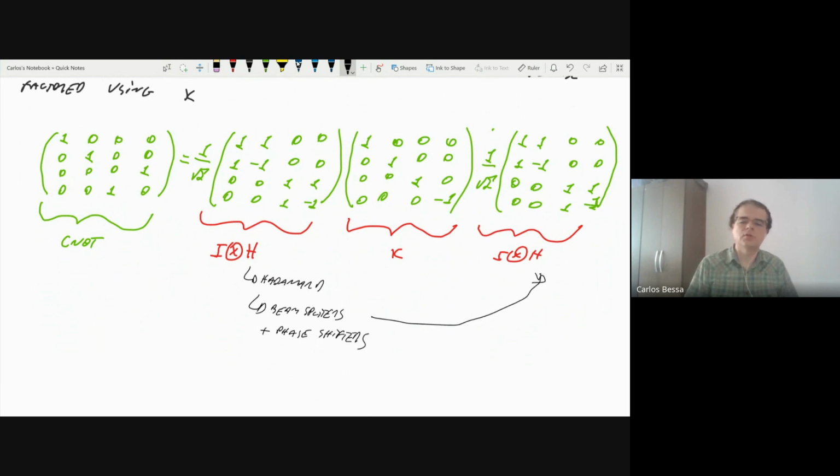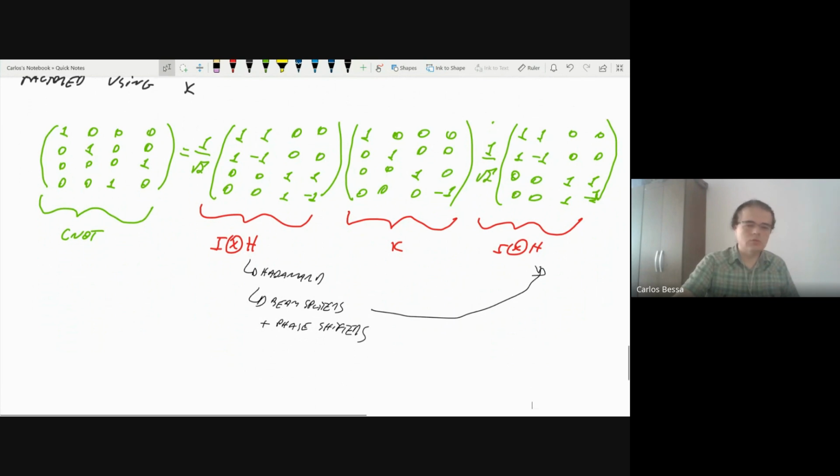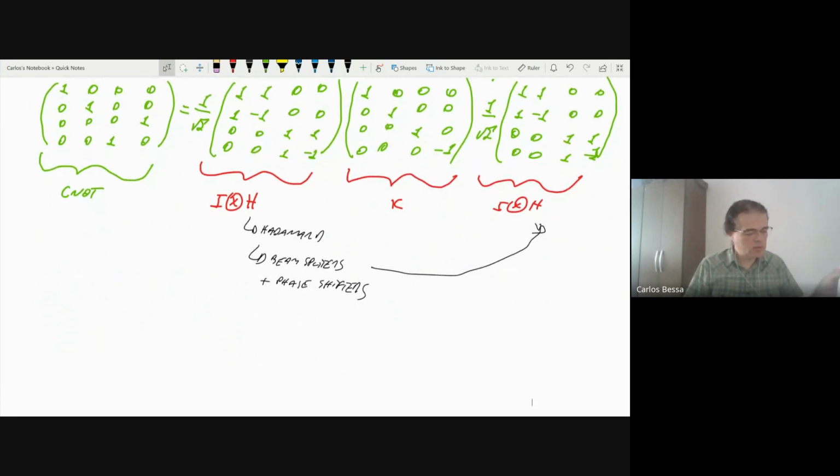Okay, and we will see one example soon in box 7.4. I think we still have time. So let's make some comments about this. We just put here that this H is the Hadamard gate, just to organize.